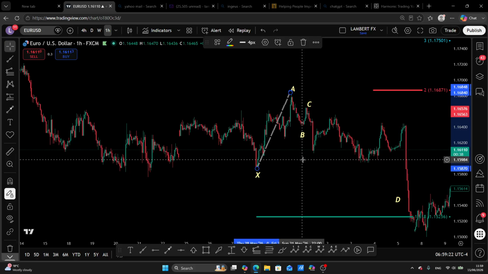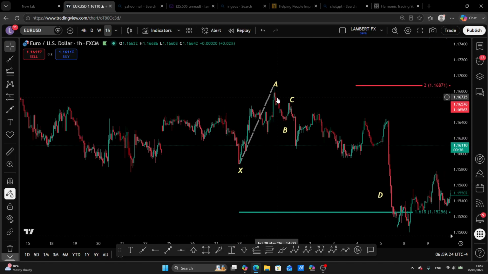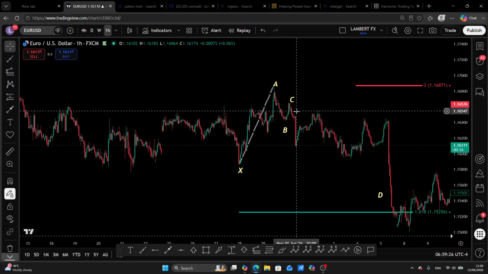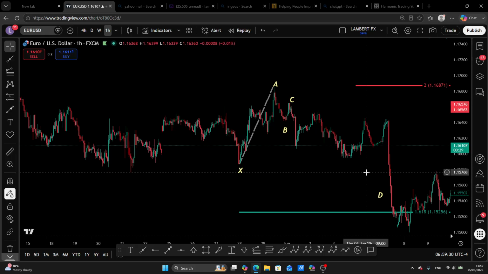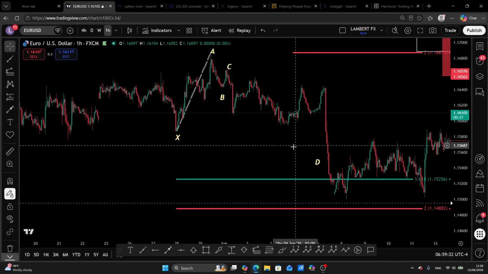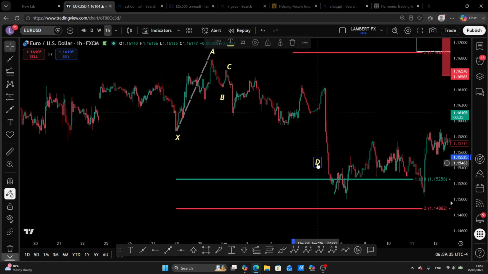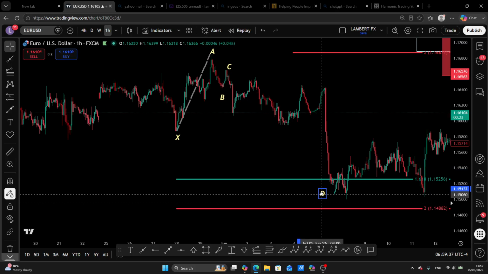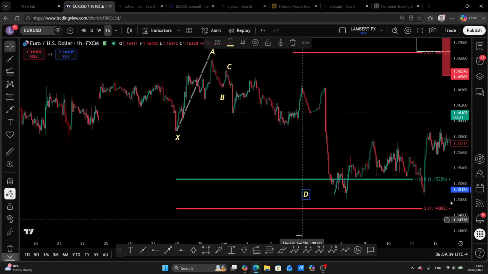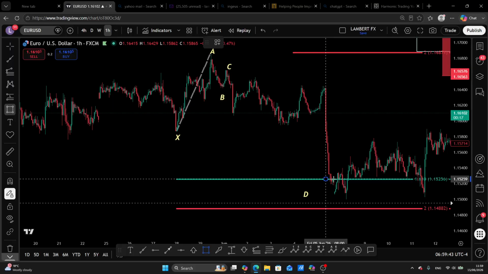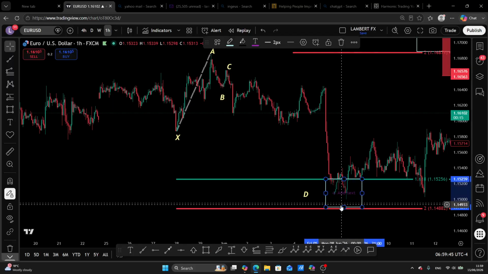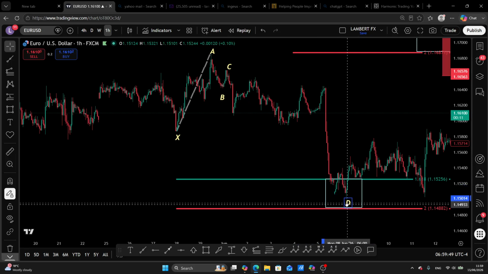Okay, so what you do is you wait for this leg to drop to 1.618. So this is our D here. Our D is basically we're aiming to go long inside this box, between our 1.618 and 2.0. So this is our D leg here.